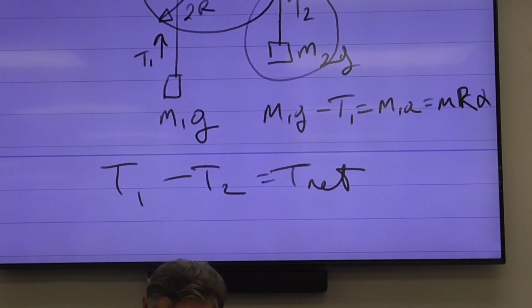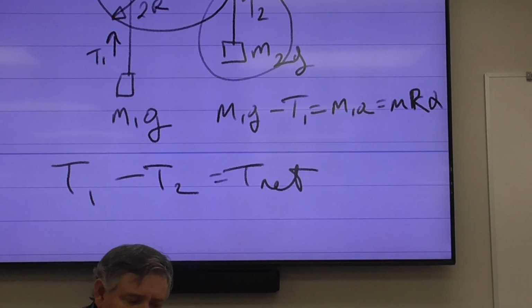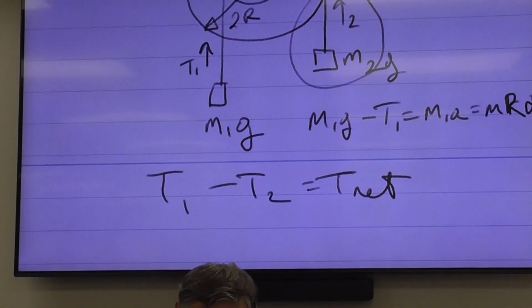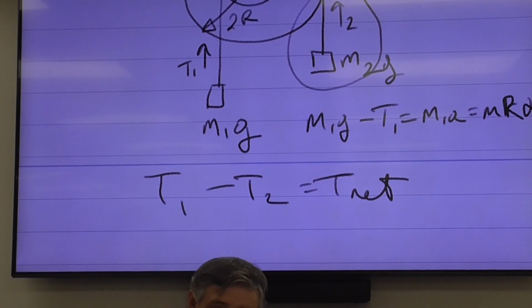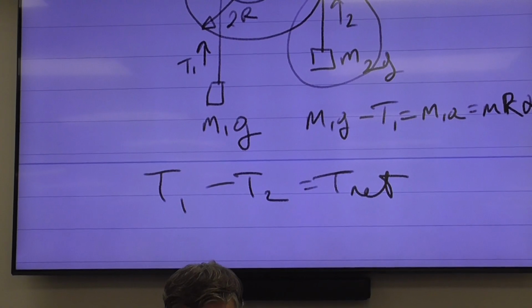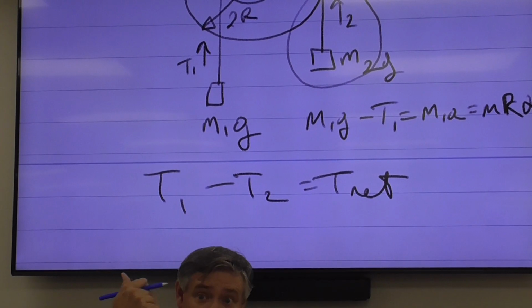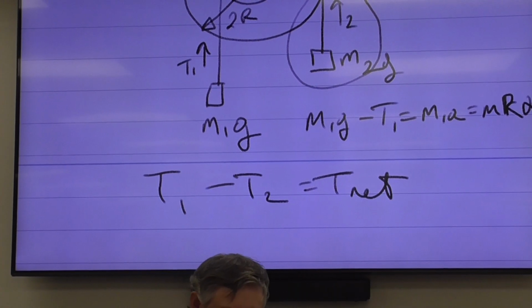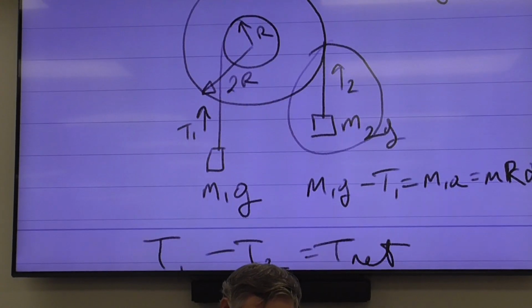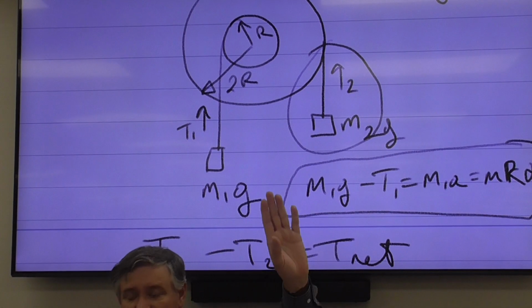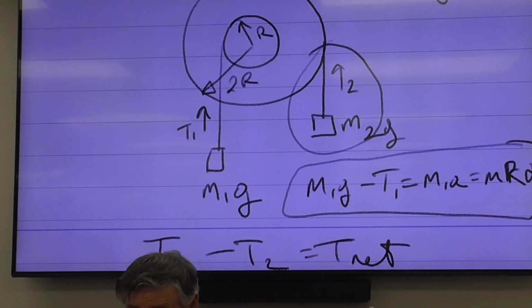Here's the kicker. How did you calculate torque on the previous problem? What numbers did you multiply together? Tension and radius. If you look at what we did on the lab, your torque was tension times radius. So you've got to isolate this T1. This turns into a huge algebra problem.